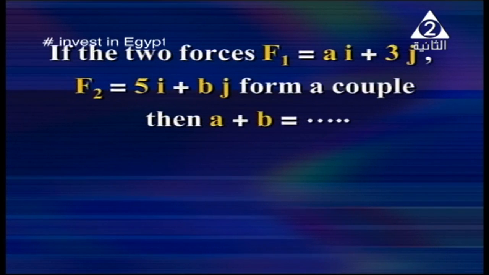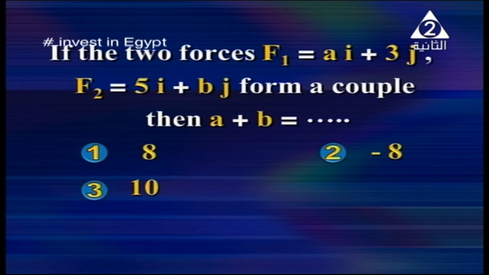Two forces: F1 equals AI plus 3J, and the second force F2 equals 5I plus BJ form a couple. What is the value of A plus B? Is it 8, -8, 10, -3? My dear student, we have 2 forces, F1 and F2, equal in magnitude and opposite in direction.